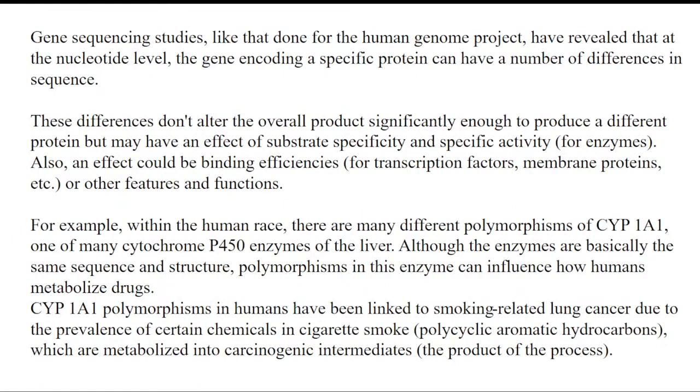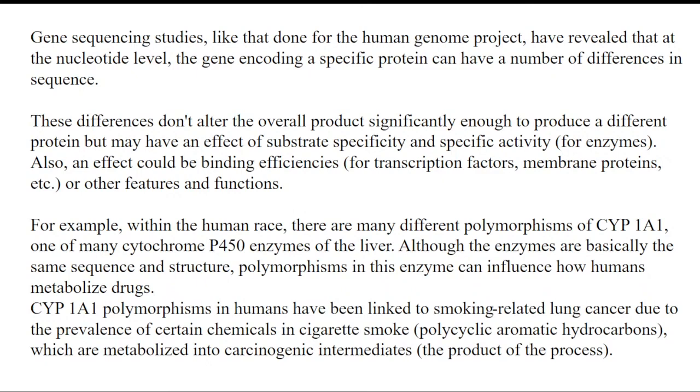Gene sequencing studies like that done for the Human Genome Project have revealed that at the nucleotide level, the gene encoding a specific protein can have a number of differences in sequence.